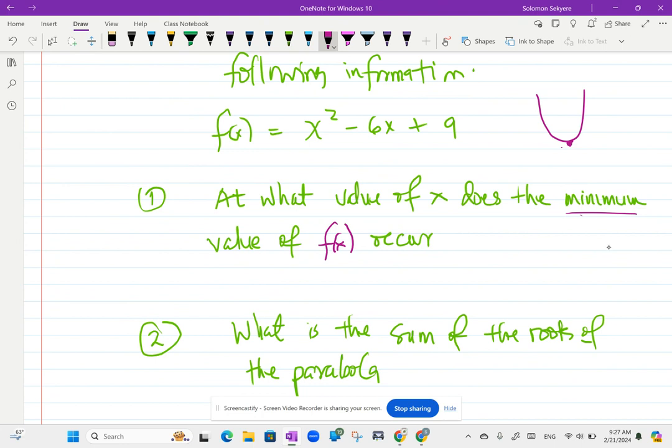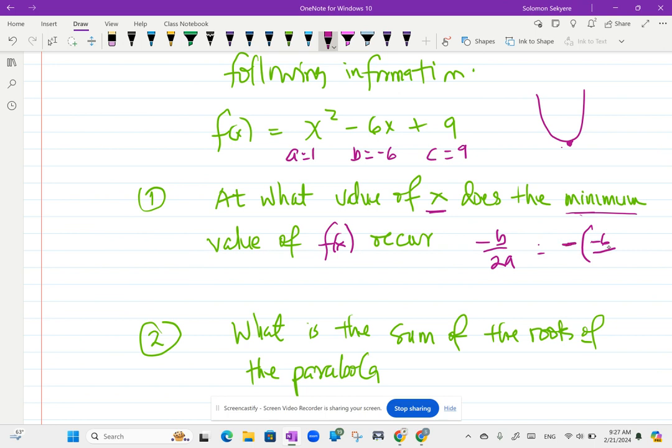The x value at the minimum is what? The axis of symmetry, which is minus b over 2a. So this is negative of, be careful, negative 6 over 2 times 1, where a equals 1, b equals negative 6, c equals 9. Plug in your numbers carefully.